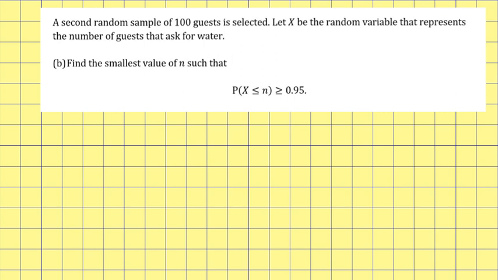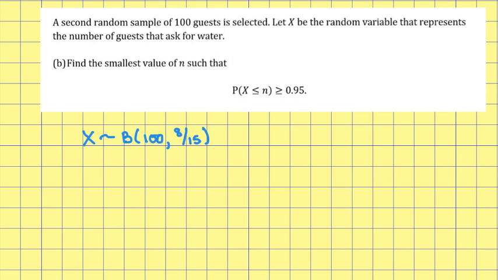The probability hasn't changed. So we've got a new probability where X belongs to a binomial distribution, where the number of trials is 100 and the probability of success is 8 out of 15.